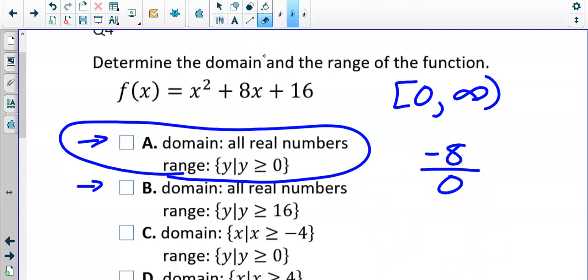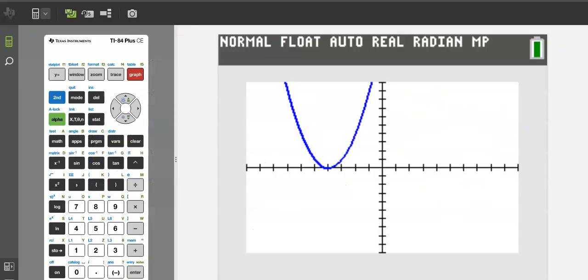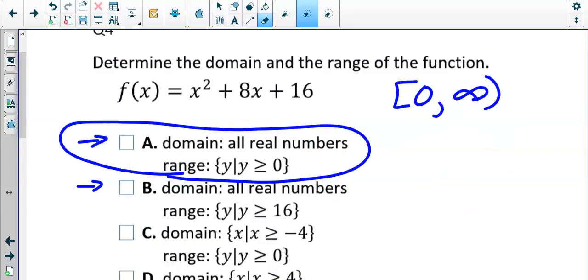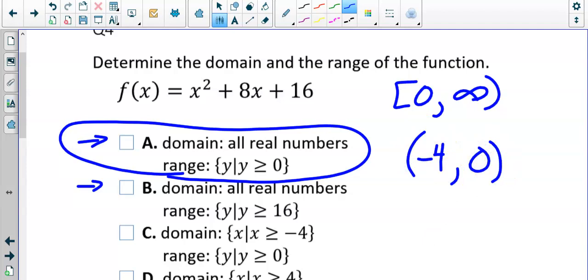Why am I writing it like a fraction? I'm so weird. Let me go back. Let me look at the graph real quick. Sorry, -4, comma 0. And again, you can find that algebraically. Do the opposite of b over 2a. That gives you the -4. Plug the -4 in, and that gives you the 0.